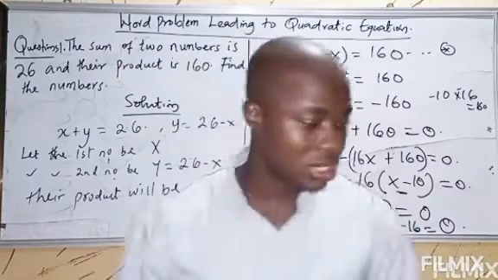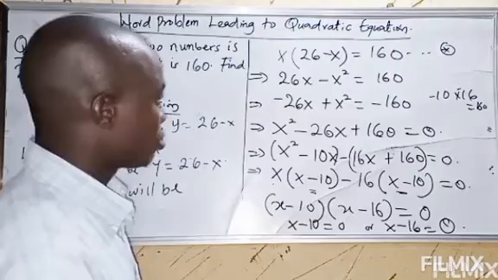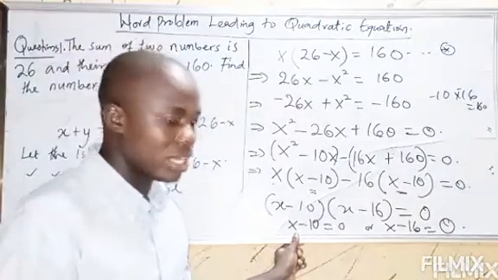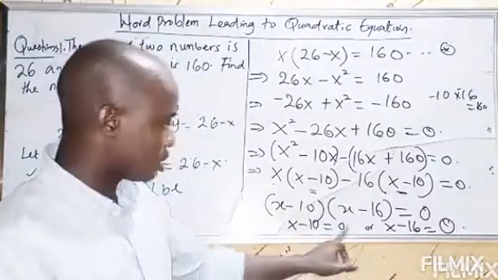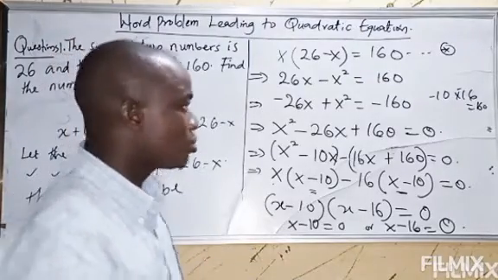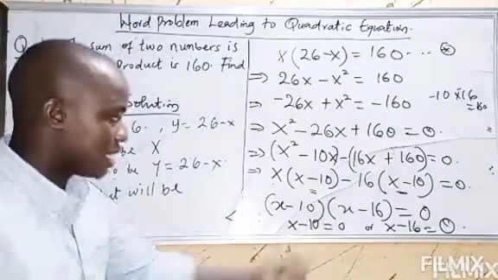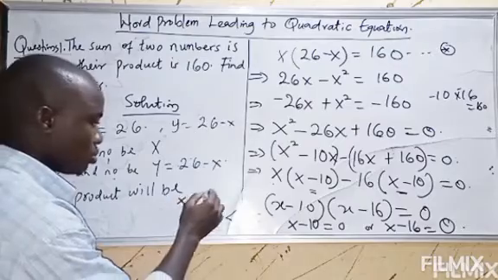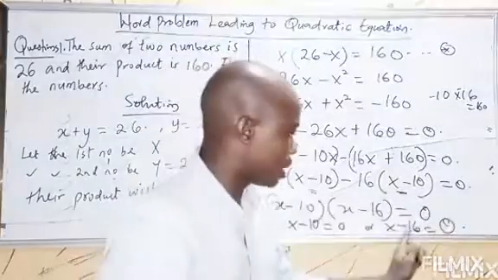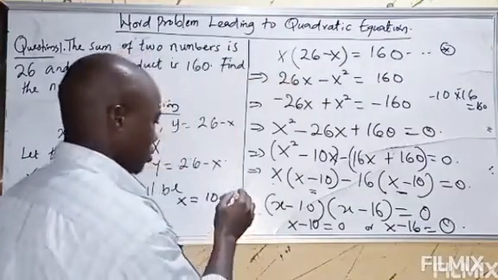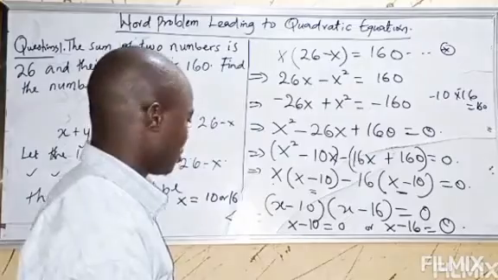So from there, what is the next thing to do? We have x minus 10, then we have x minus 16. So if 10 goes to this side, I'm going to have my x to be equals to 10, or if minus 16 goes to the other side, I have x to be equals to 10 or 16.